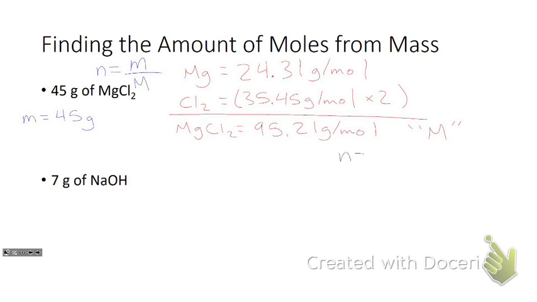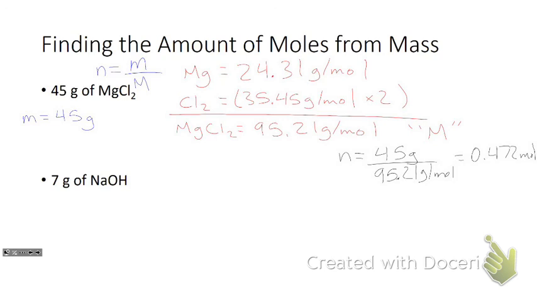So N is equal to mass of sample, 45 grams, divided by our molar mass, 95.21 grams per mole. And if we do that, we get a value of 0.472 mole.